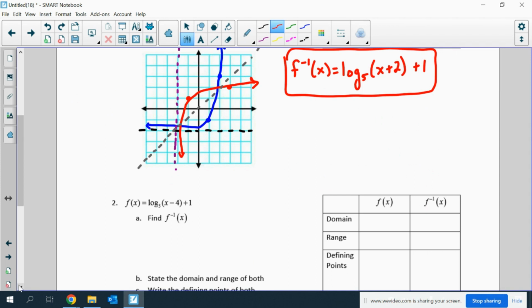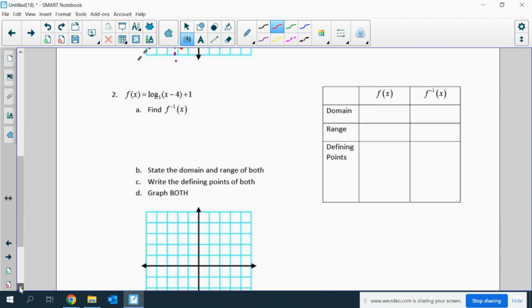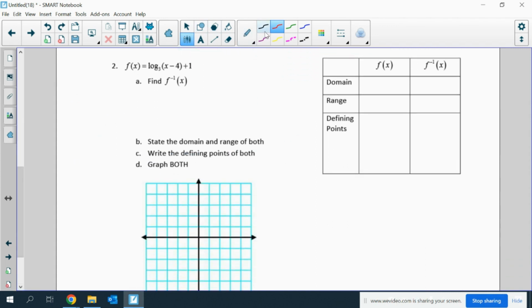We'll do one more quick problem like that. Log base 3 of x minus 4 plus 1. So my initial function is a log function that has a right shift of 4 and an up shift of 1.